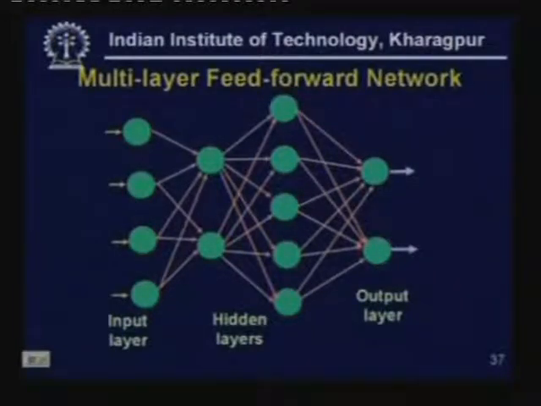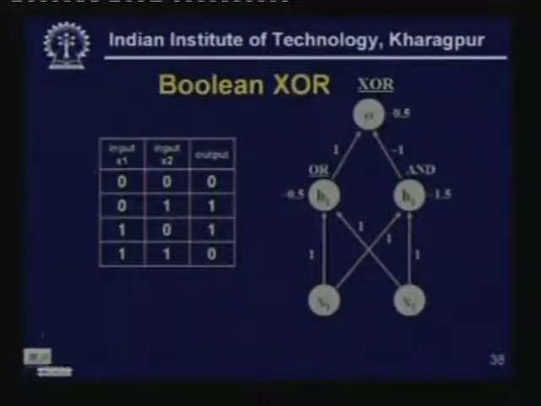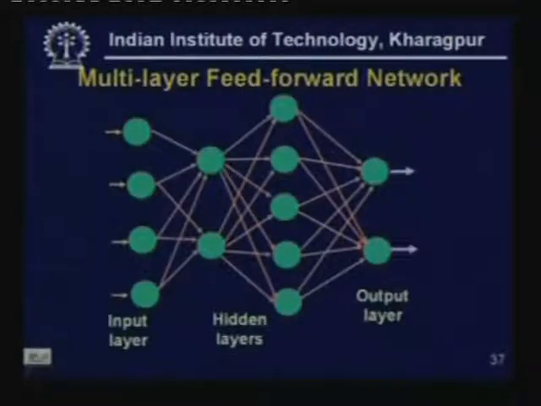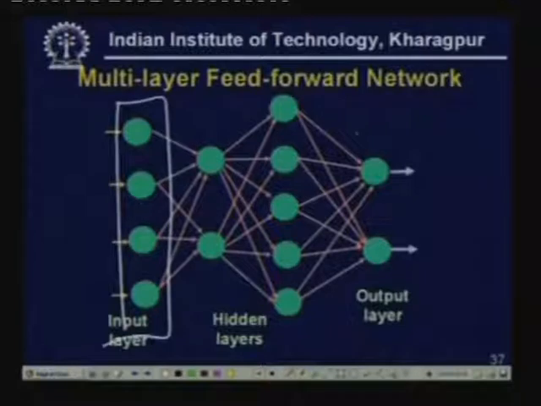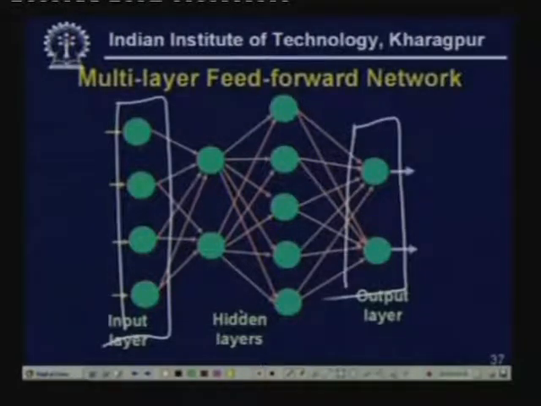Okay. Now, this is an example. We will very briefly introduce multi-layer neural networks and the new types of units in today's class. In a multi-layer neural network, this is the input and this is the output. Between the input and the output, we put other units. These units correspond to the hidden units.